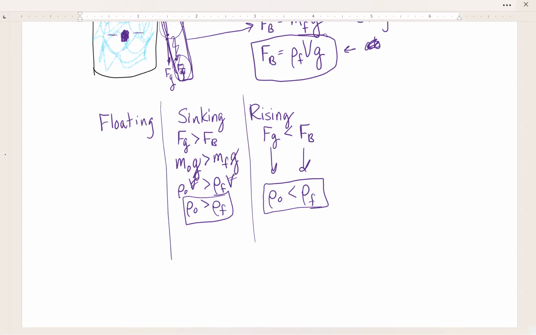Something that just floats means if you put it there, it stays there. Floating is not the same thing as rising. I'm not going to go into as much detail today because it is remote learning, and we were told to keep it short. So my floating says that the force of gravity is equal to the buoyant force, and therefore the density of the object is equal to the density of the fluid.